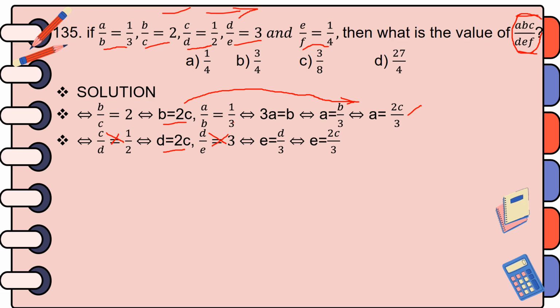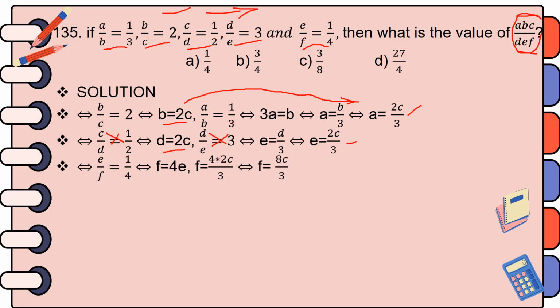But D means again 2C, so you can replace it by 2C, and E means 2C over 3. Now we have D and E in terms of C.